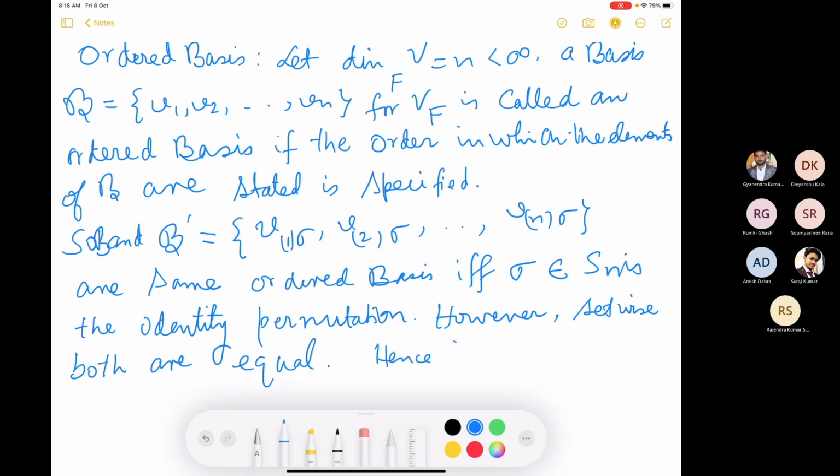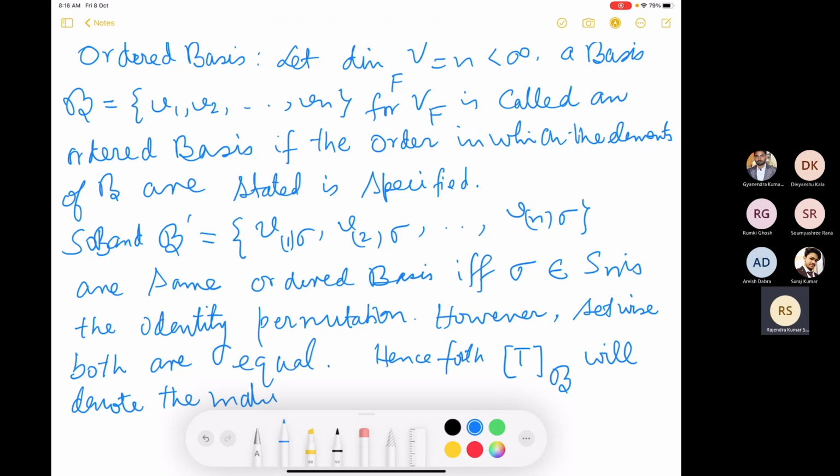So henceforth TB will denote the matrix of T with respect to an ordered basis B for the vector space V over F.